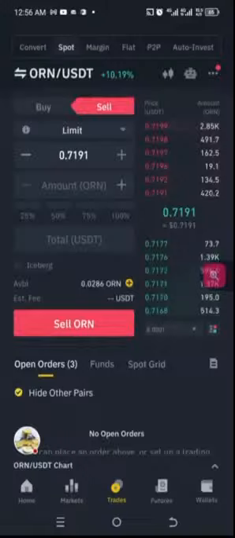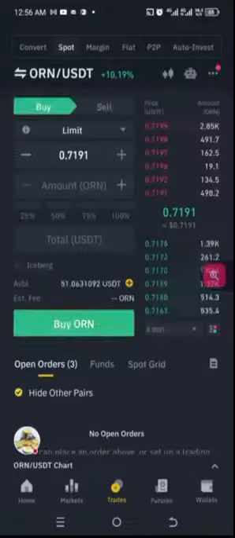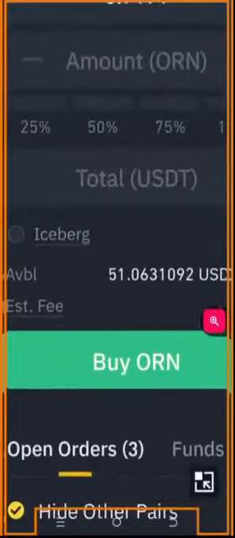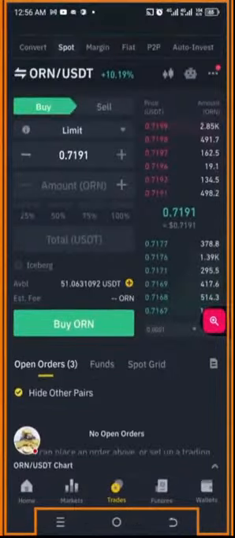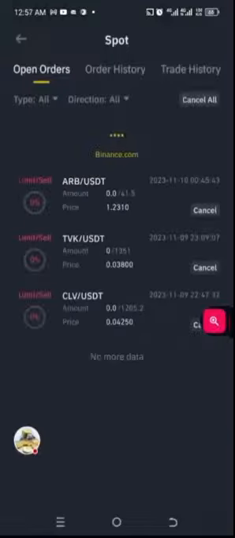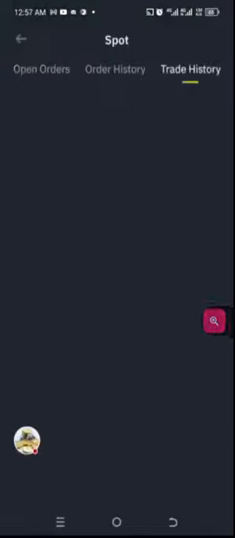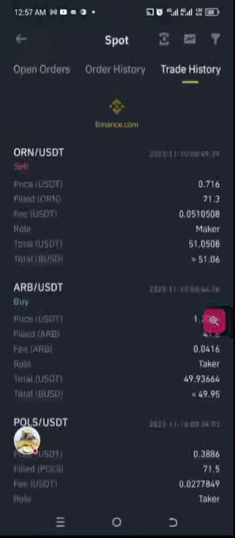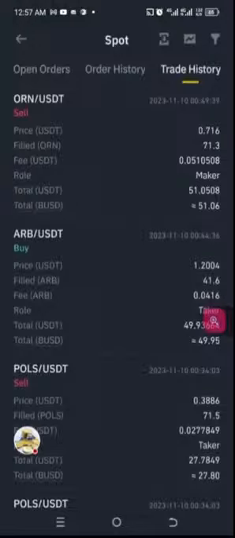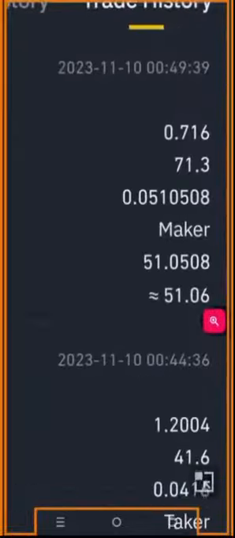So ORN has executed. I love that. Let's look at how much we've been able to make. This is $51, which is 2% exactly. Let's go check exactly how much it gave us.